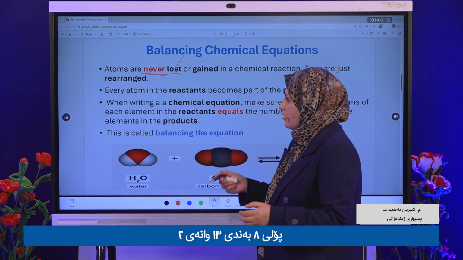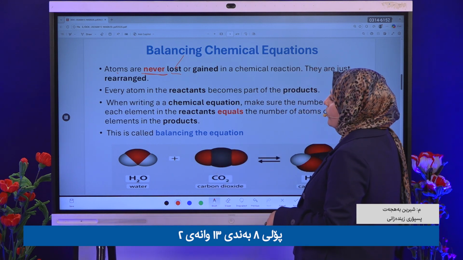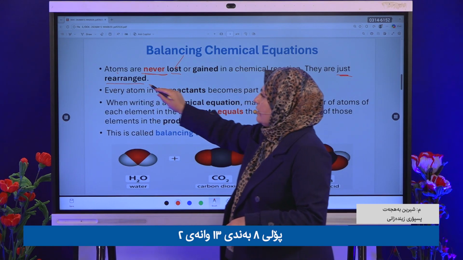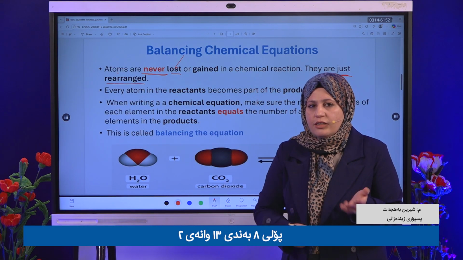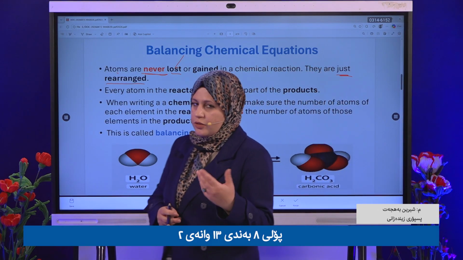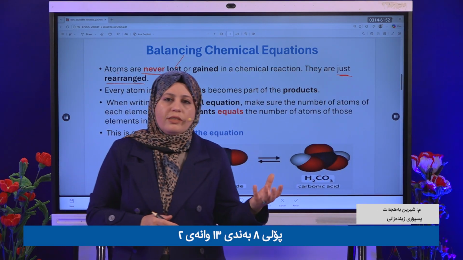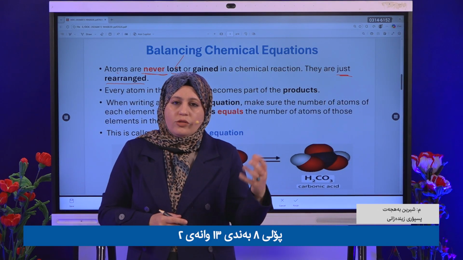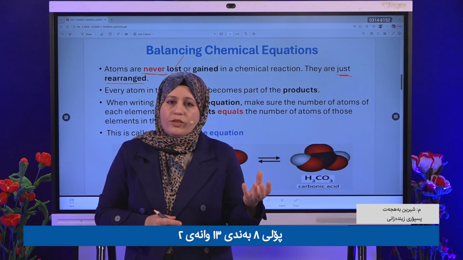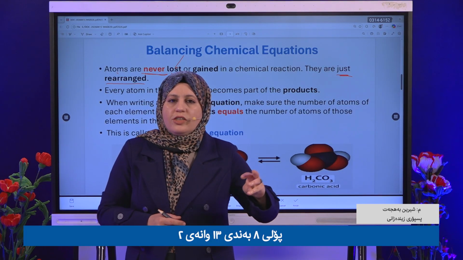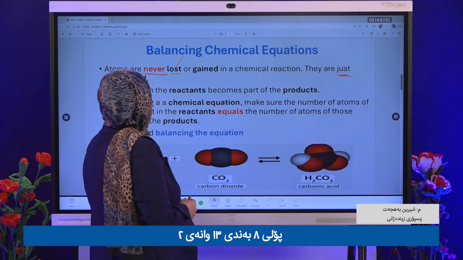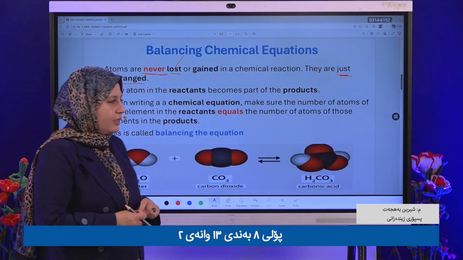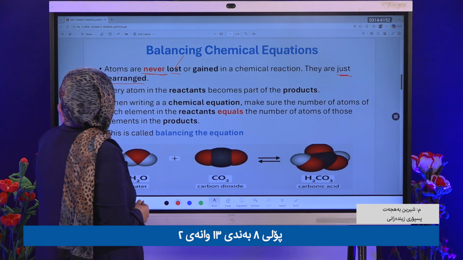But they are just regenerated, which means, as we know, we get a new substance during a chemical reaction. So does the atom change the number of atoms? Of course not. They are never lost or gained, just regenerated. Okay? Regenerated.